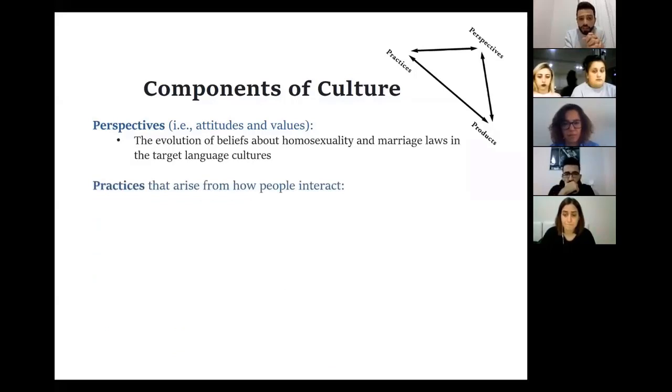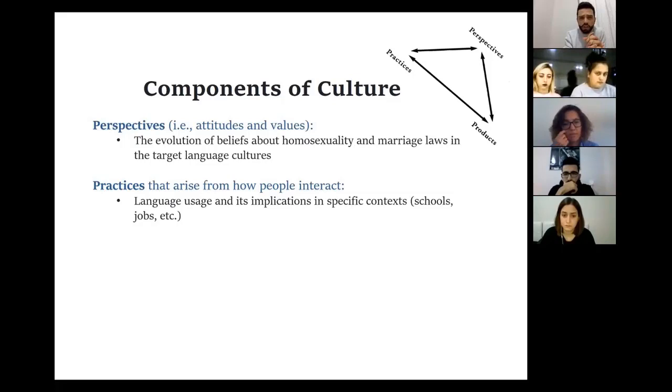And practices oftentimes arise from how people interact. To give an example, language usage and its implication in specific contexts like schools and jobs. For example, at the beginning of the webinar, Nazan mentioned mobbing. In mobbing, the use of language is a lot over there, like in jobs, like academia, universities.